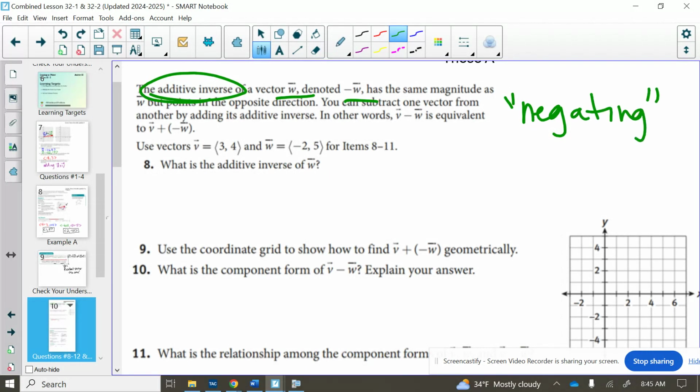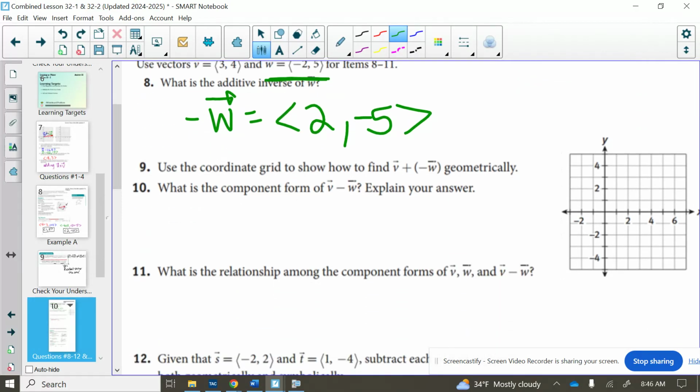So if I want the additive inverse of vector w, aka negative w, this is going to flip the sign, so it's now +2, and -5 would be our resulting additive inverse. And if we graph that, it would be the opposite of where it was pointing before because of that negation factor.